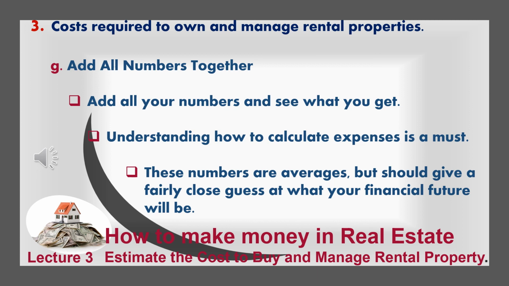These numbers are averages, but should give a fairly close guess at what your financial future will be. Many landlords fail simply because they do not do the calculations. They buy properties based on emotion, gut feelings, or bad calculations and then wonder why they lose money.